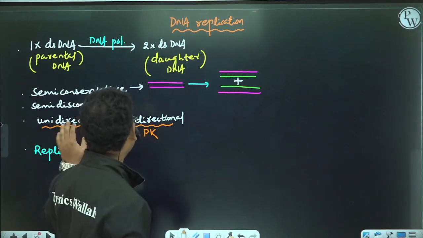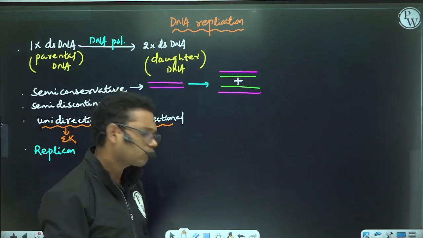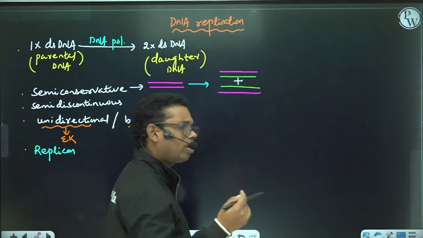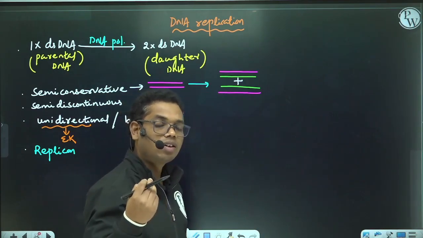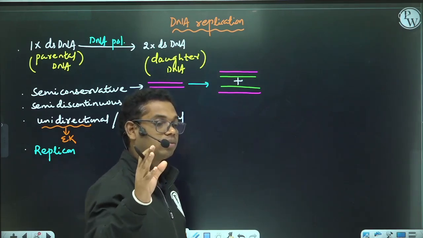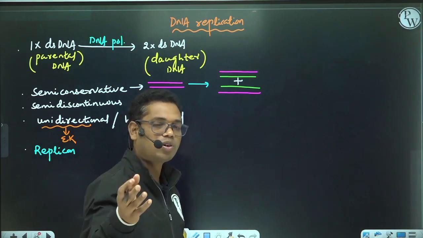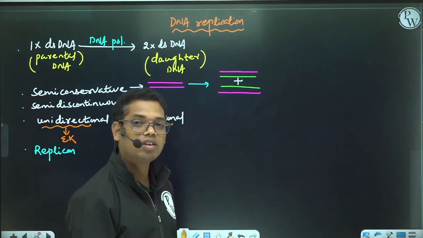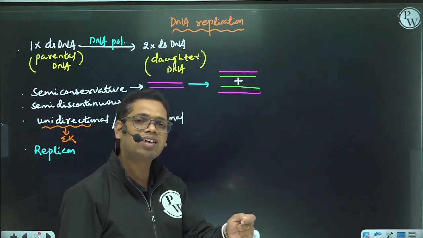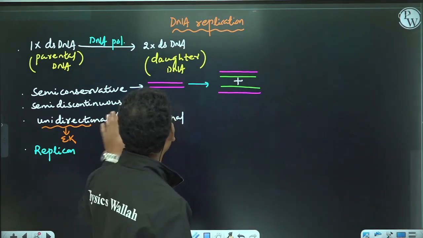That is why it is called semi-discontinuous. If both strands were synthesized continuously, the replication would have been called continuous replication. If both strands were synthesized discontinuously, I would have called that replication discontinuous. But here, one strand is synthesized continuously, the other strand is synthesized discontinuously. That is why this is semi-discontinuous.